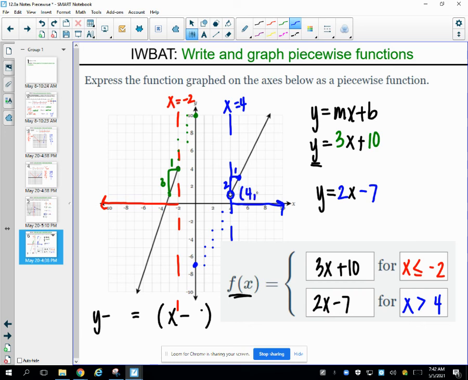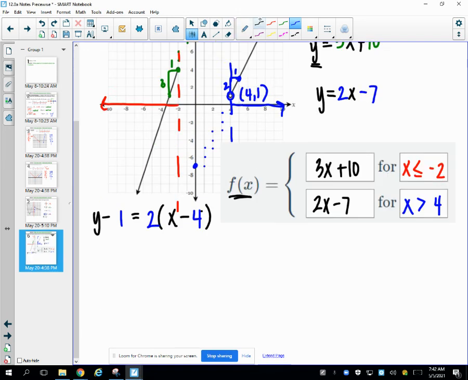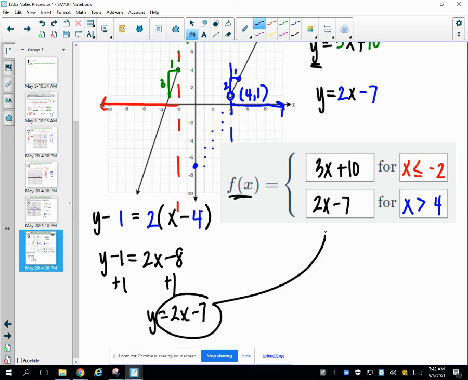I'm going to take the point 4, 1, and I would just plug it in here. So y minus the y coordinate, which is 1, equals the slope, which is 2, times x minus the x coordinate, which is 4. And then you could just distribute. So 2x minus 8, add 1 to both sides, and you get y equals 2x minus 7, which is the same thing that we got when we kept extending it to find out what the y-intercept would be.